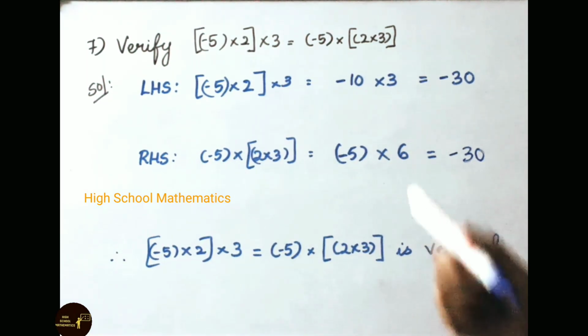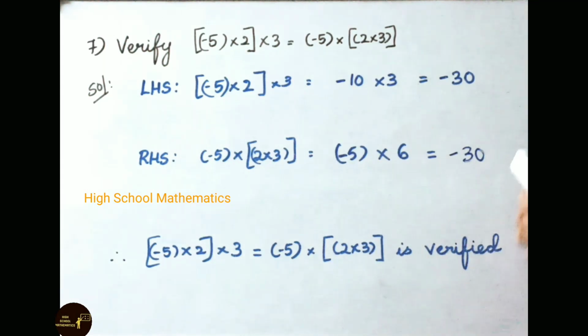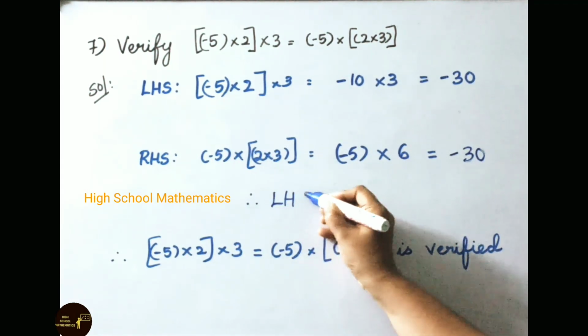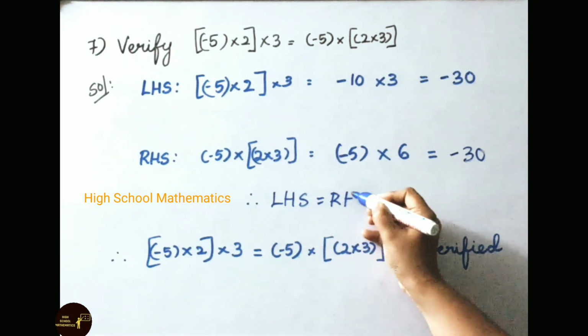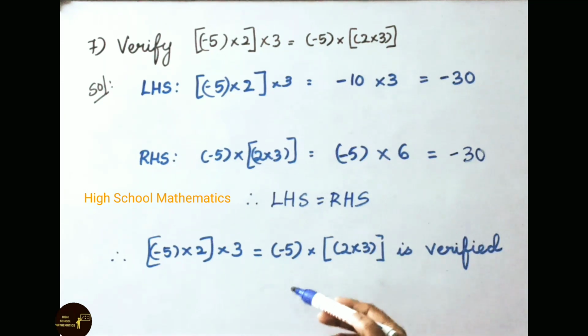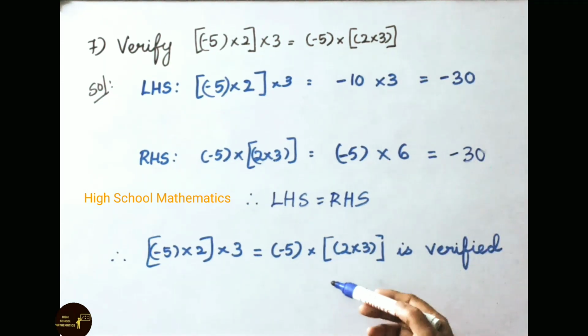If we observe the LHS part and RHS part, both are equal. Therefore, LHS is equal to RHS, that is minus 5 into 2 into 3 is equal to minus 5 into 2 into 3. Therefore, the given statement is verified.